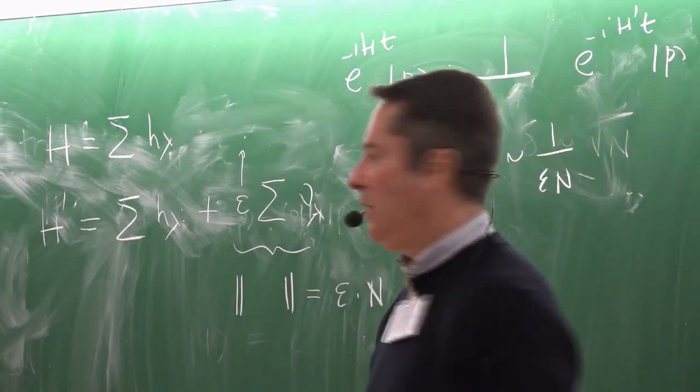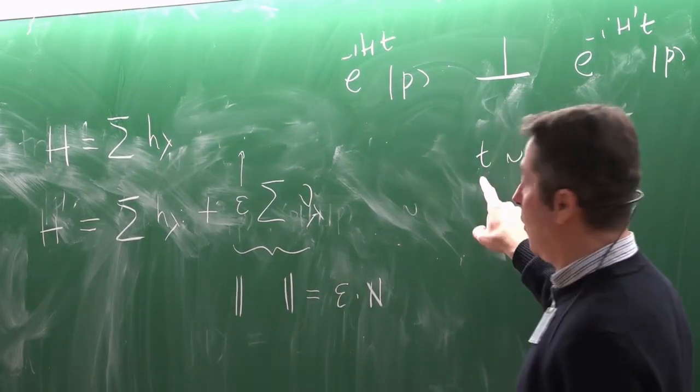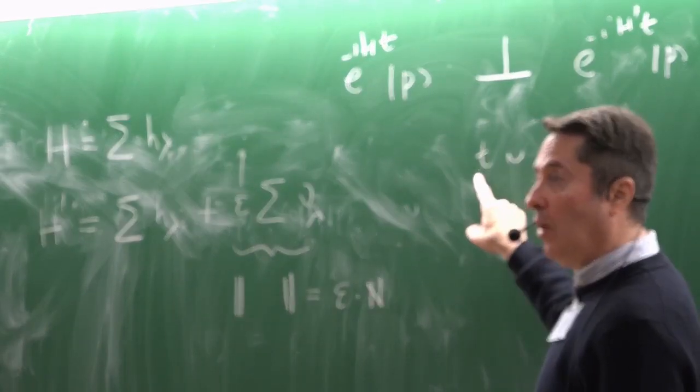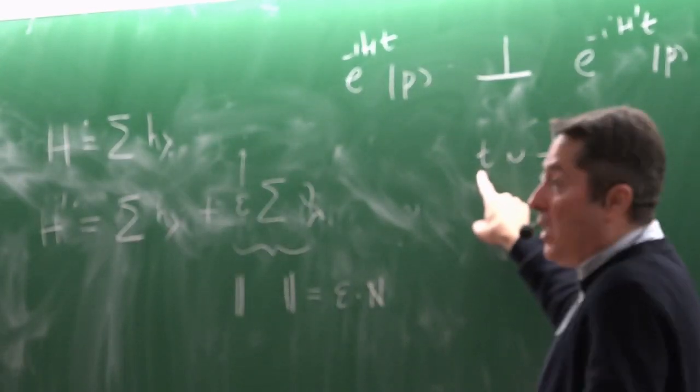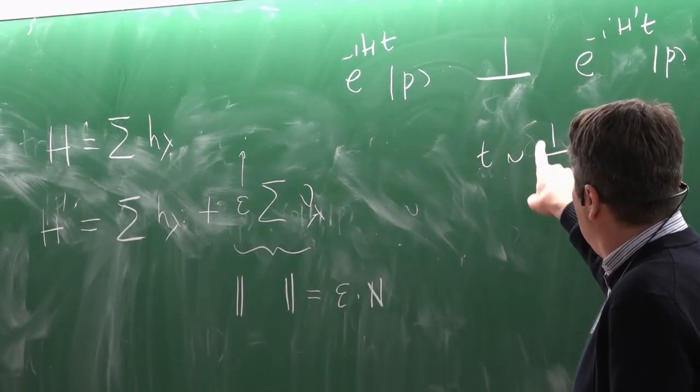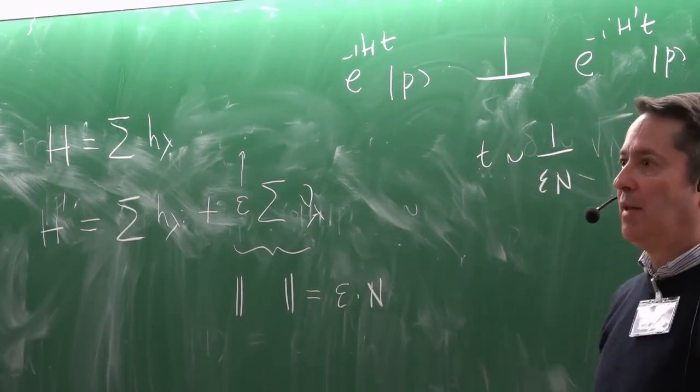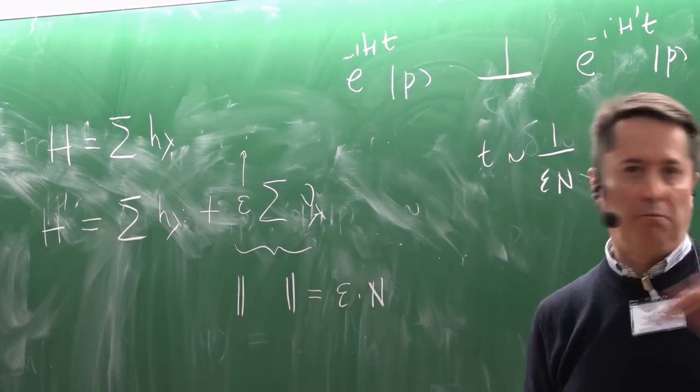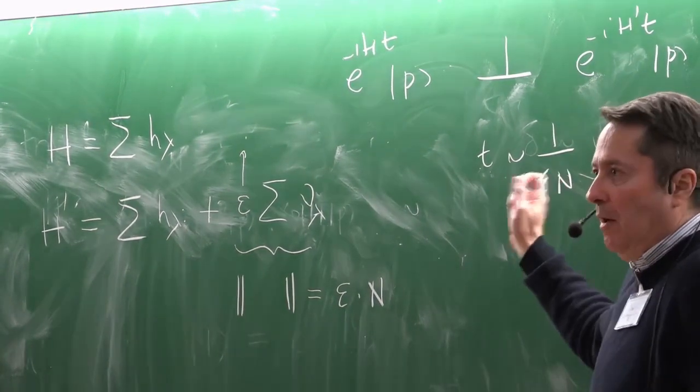And so you would say that with an analog quantum simulator, you will only be able to do simulations for times like 1 divided by epsilon times n, and therefore everything that I say will not work, because this time will be nothing.